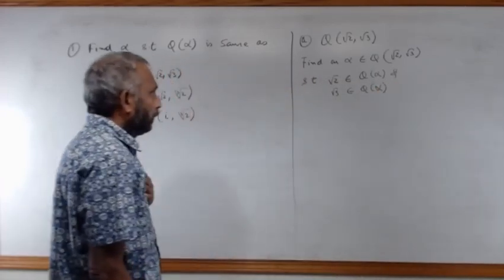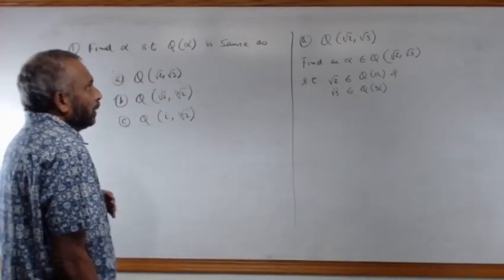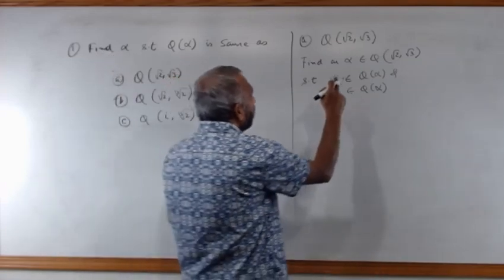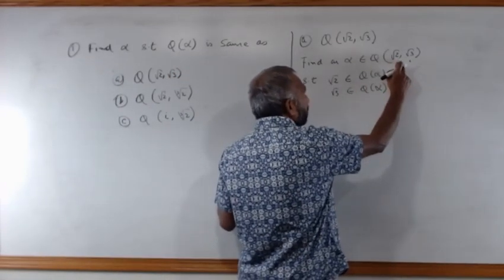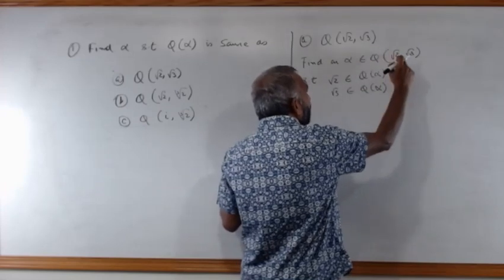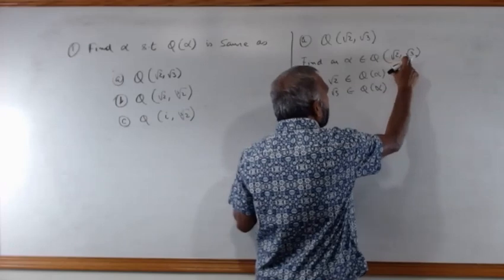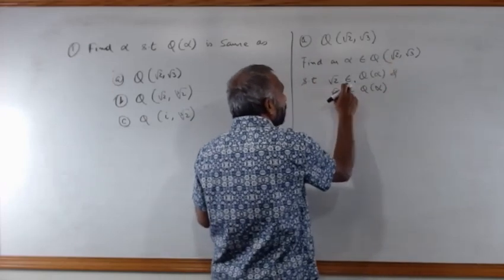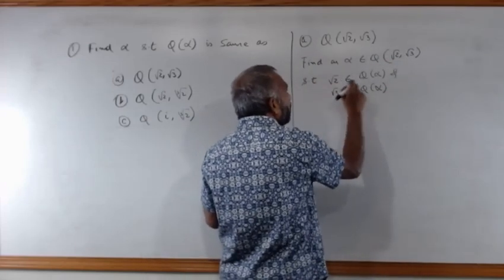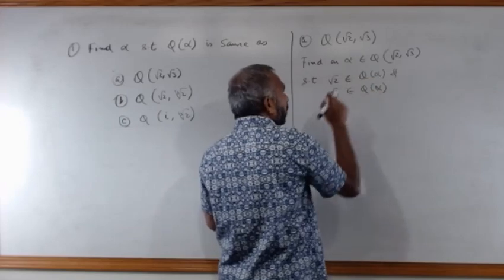So first of all, that element has to be in here. Then each of these elements should be in the simple extension Q(α).